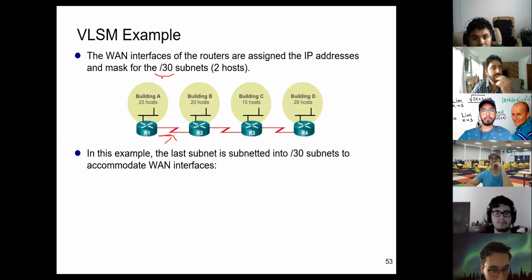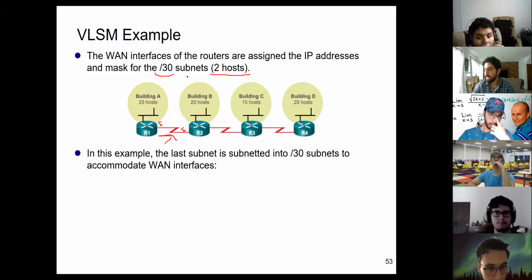Because as I mentioned, you need just 2 IP addresses or 2 hosts for this connection. Imagine this connection would be 2 switches sitting here and here that are connecting to each other. So this subnet mask is perfectly fine for this connection because that's all you need, okay?